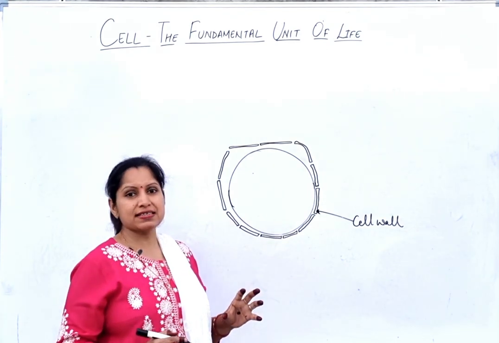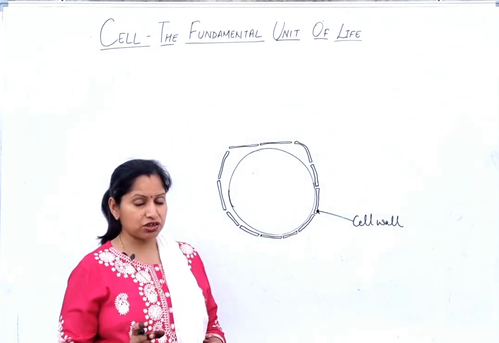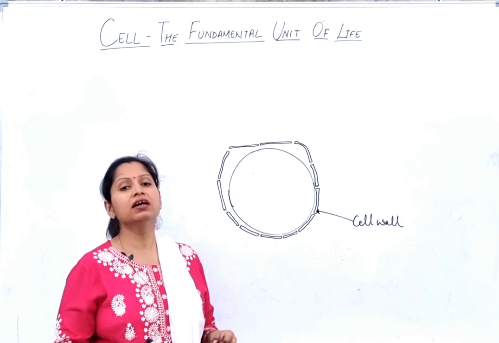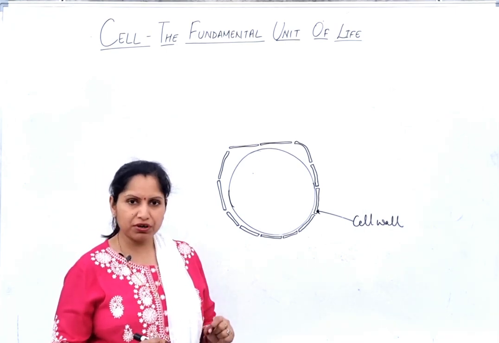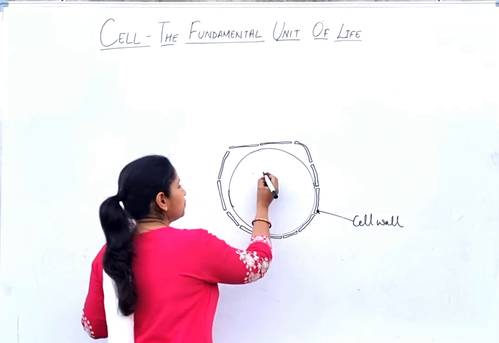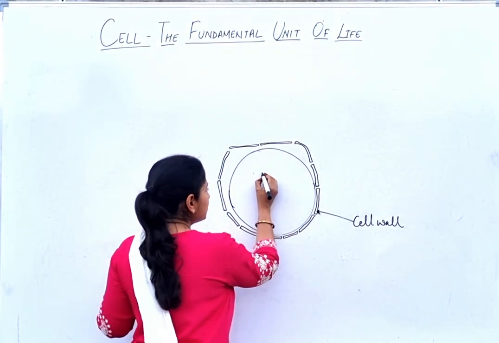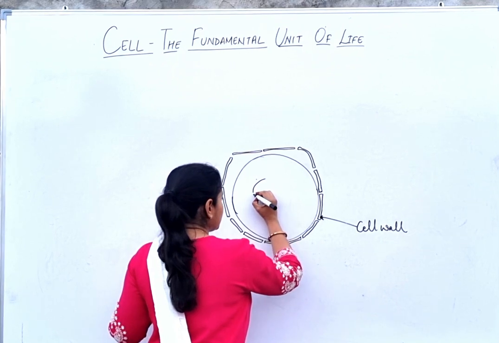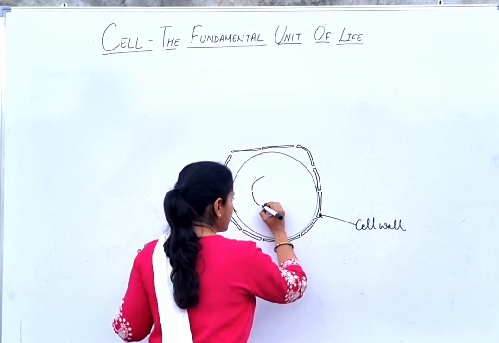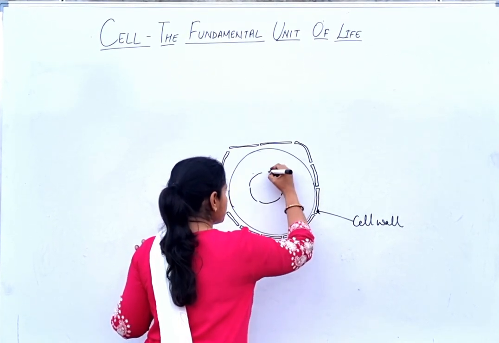The nucleus is a double membrane structure. It has a double membrane, and this membrane has some pores. Like we have drawn the pores in the cell wall, similarly the nuclear membrane also has pores.